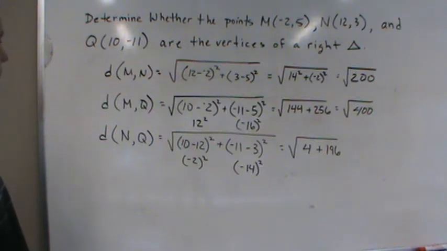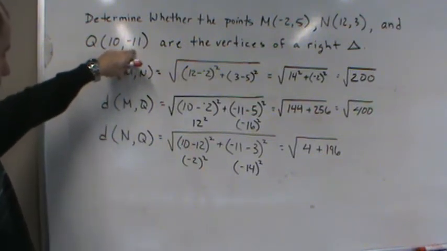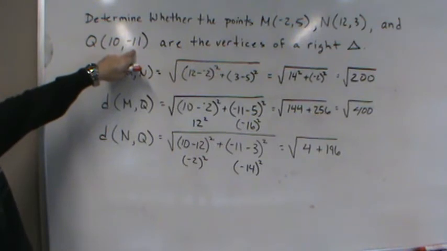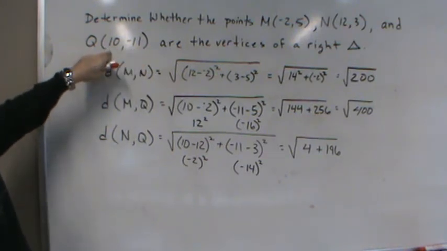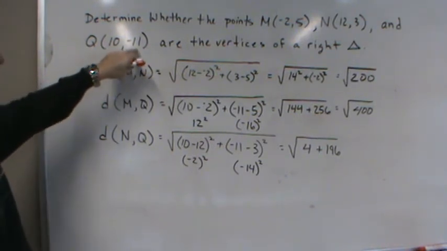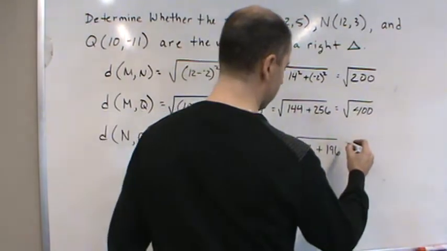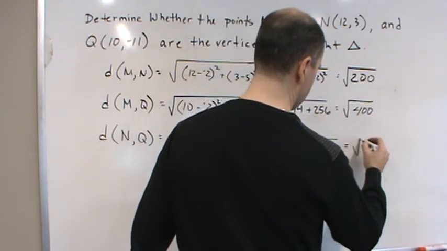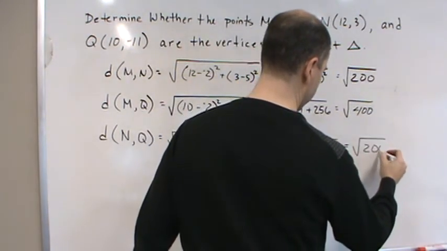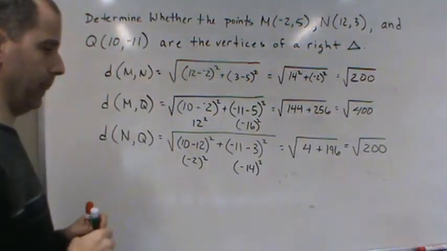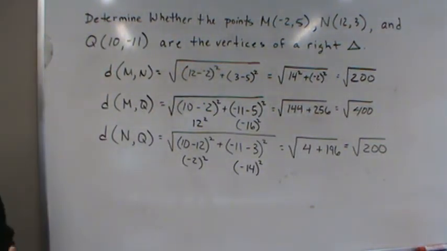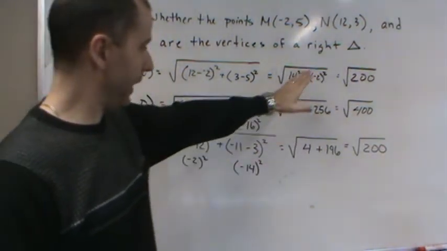Just make sure I did that right. So NQ, it's 10 minus 12, and we get negative 11 minus 3. So yes, we're going to get the square root of 200.